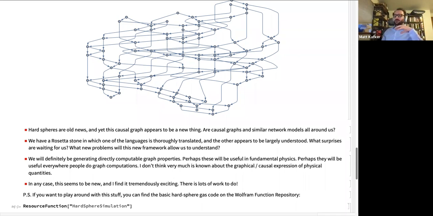Well, we're going to be inventing new measures for these graphs, new directly computable properties of the graphs that happen to correspond to things like the energy or whatever. And that seems pretty exciting, because we have this really solid physics to build on and develop our foundation, and then who knows where it's going to go.